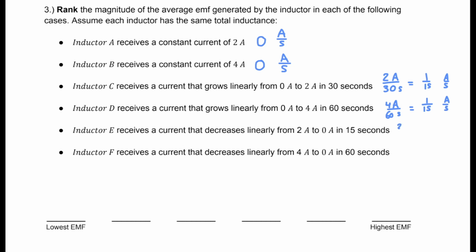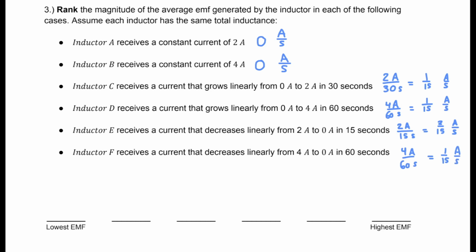So this would be 2 amps of decrease in 15 seconds, which is 2/15 of an amp every second. And then lastly, it decreases from 4 amps to 0, so it decreases by 4 amps in 60 seconds, which would be 1/15 of an amp every second.